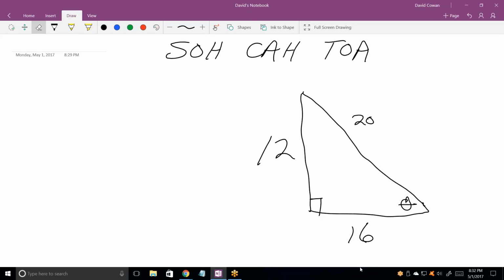Now the fact is we can do all 6 trig functions of theta without knowing theta. Let's just do that, and then I'll show you how to solve for theta. We don't need theta to figure the sine of theta or any of the 6. Tell me what each of these is, starting at the top.